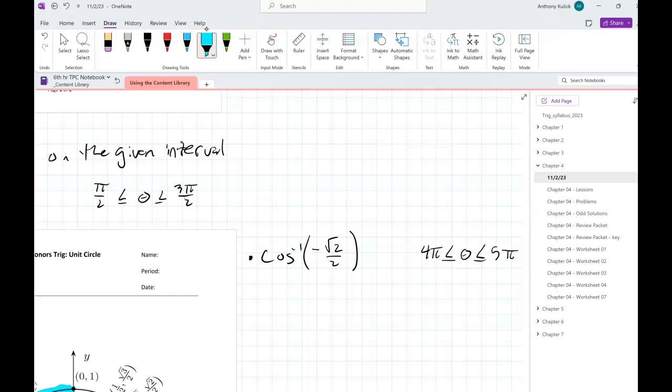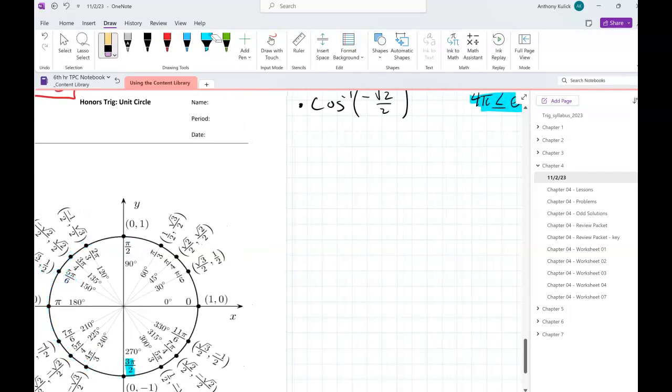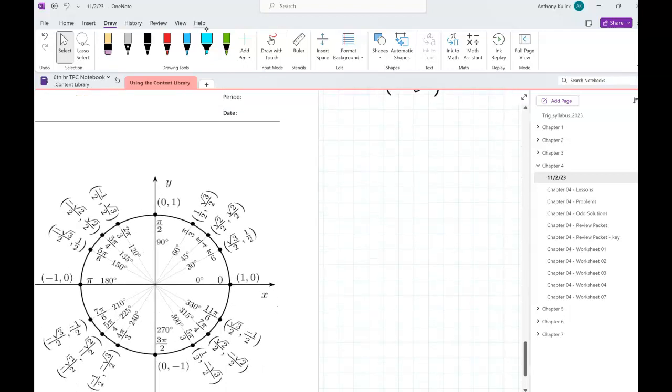Okay. So the first thing we're going to do is figure out where on the unit circle is 4 pi to 5 pi. Everybody agree? So obviously 4 pi to 5 pi isn't on my unit circle anywhere, but let's count around, right?